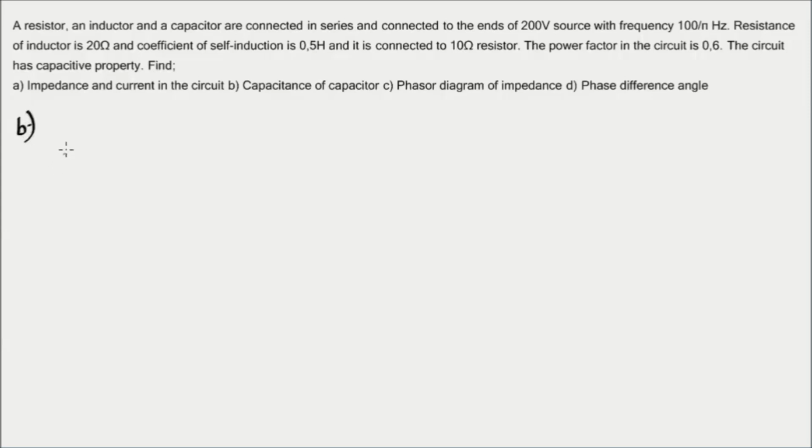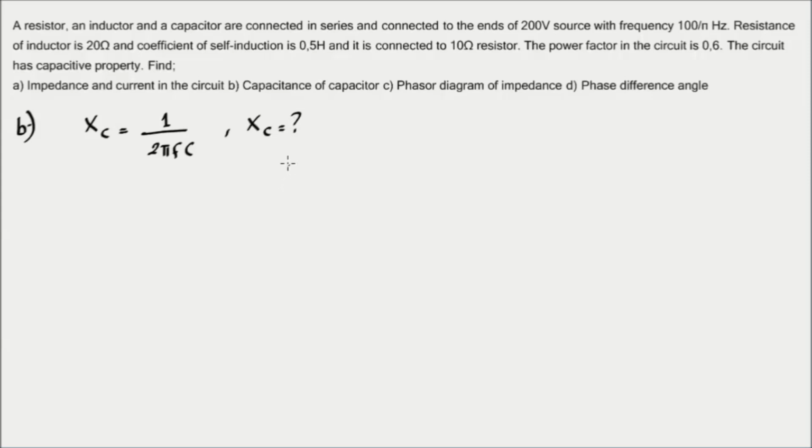For B, it says calculate the capacitance of the capacitor. How can I calculate the capacitance? From XC, because XC equals 1 over 2 pi F C. So I have to calculate XC.